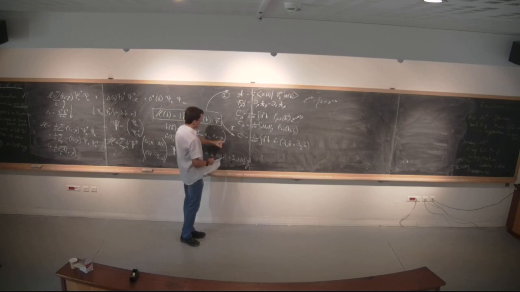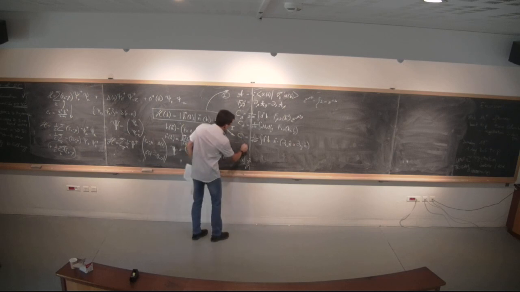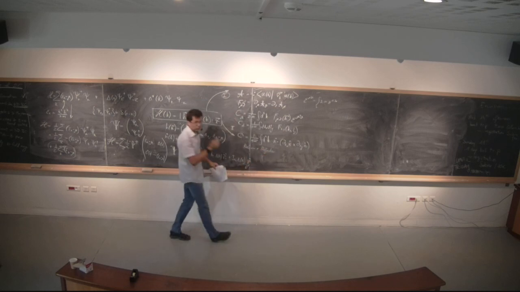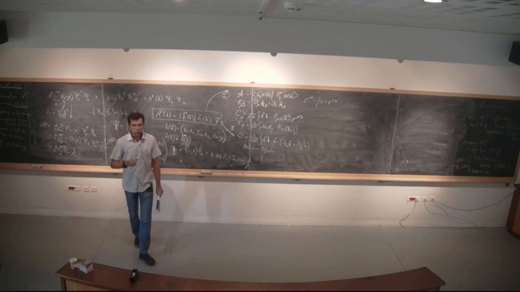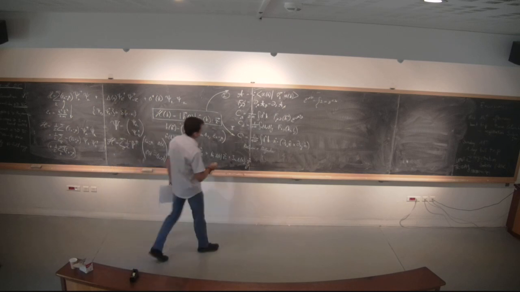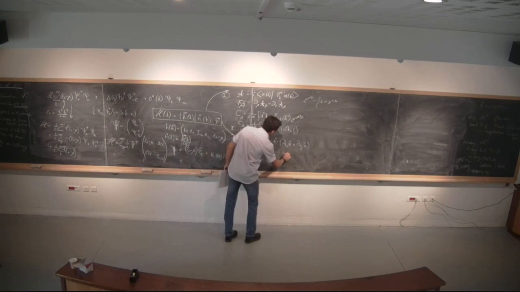Now, as far as I know, the first time this was done was by Belavin and Polyakov, who are high energy theorists, but the title of their paper is actually Topological Defects in a 2D Ferromagnet. So what they actually had in mind is a two-dimensional ferromagnet.